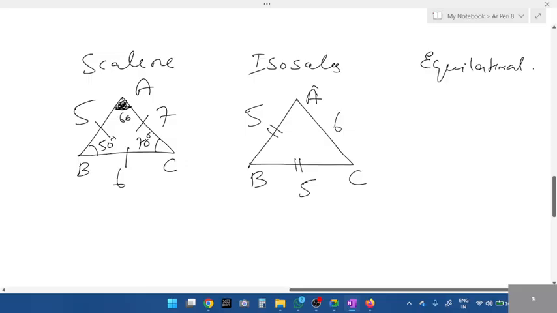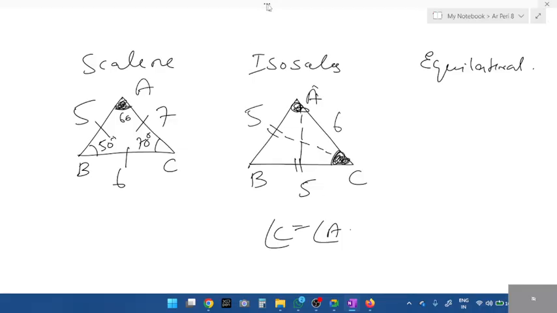Now, which two sides are equal, students? AB. Opposite to AB, what's the angle? Angle C. And next which side? BC, right? Opposite to BC, which angle do we have? A. These two angles will be equal. If two sides are equal, their opposite angles also will be equal. What's the meaning of this?